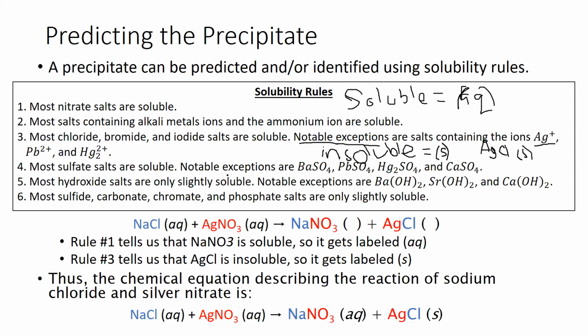Most sulfate salts are soluble with some exceptions. Most hydroxide salts are soluble with some exceptions. And then most sulfide, right, sulfide being S2 minus, carbonate, chromate, and phosphate salts, those are going to be only slightly soluble. And so for us, generally, we are going to consider the slightly soluble salts to be insoluble.